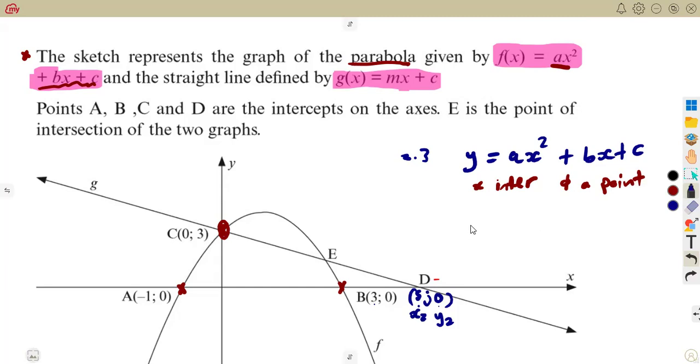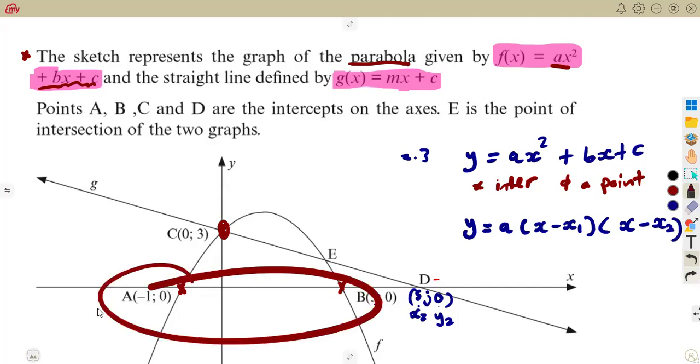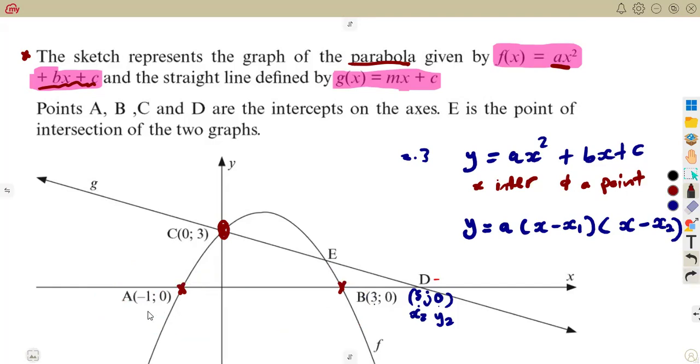I said the best way is to use the formula y is equal to a into x minus x1 into x minus x2, where x1 and x2 are the solutions, the x-intercepts, the roots of the function. So this is x1, this is x2.